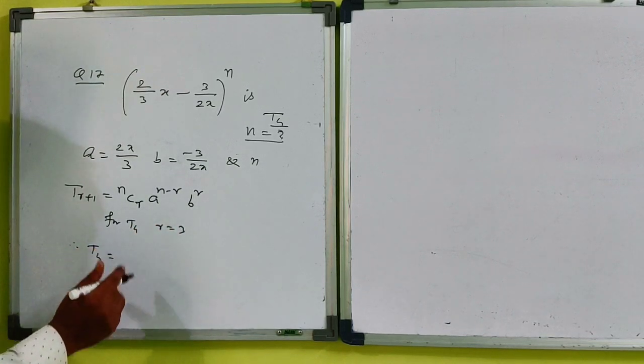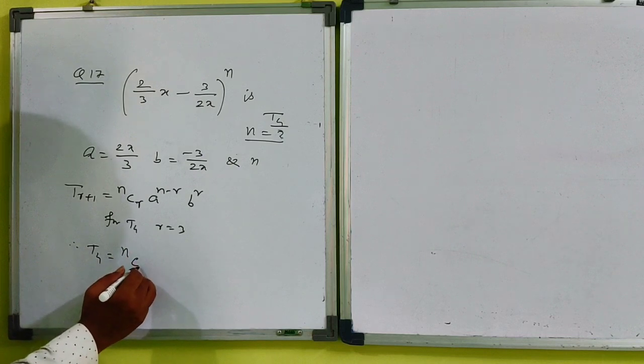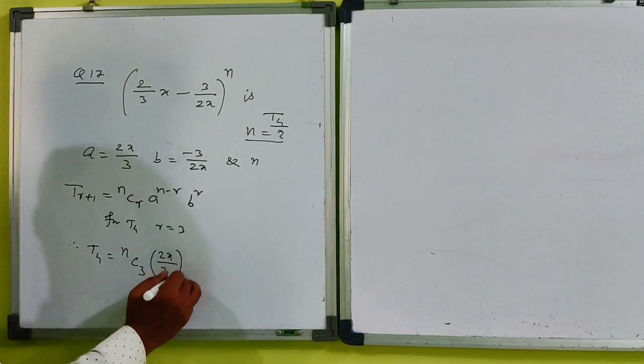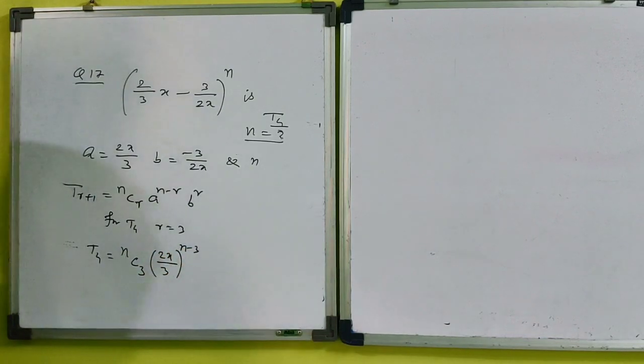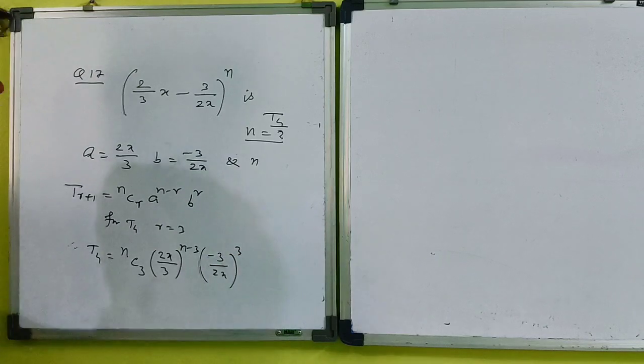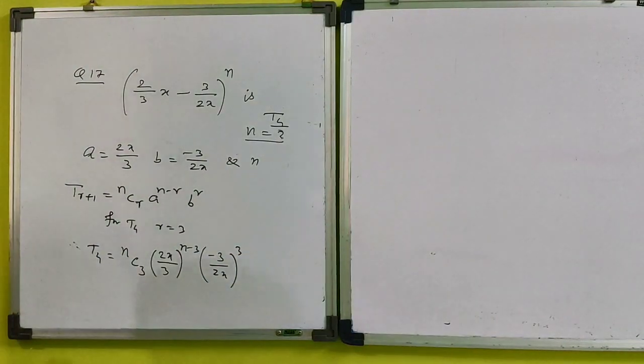So T4 is equal to nC3, a is 2x by 3 raised to n minus 3, b is minus 3 upon 2x raised to 3. So that will become what?